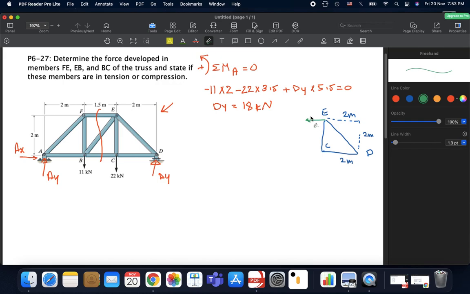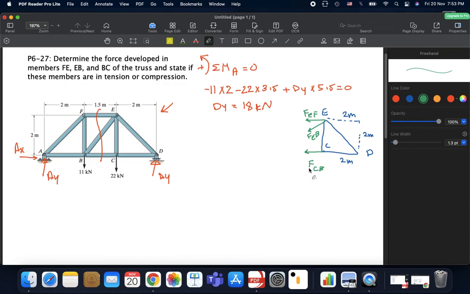So this one should be force EF, right? And then we have this force EB, and we have force here leaving C. This is force CB.